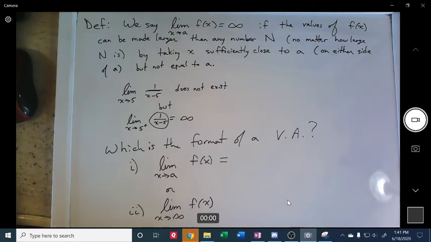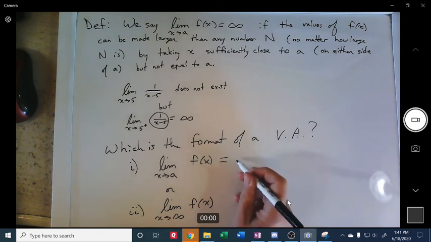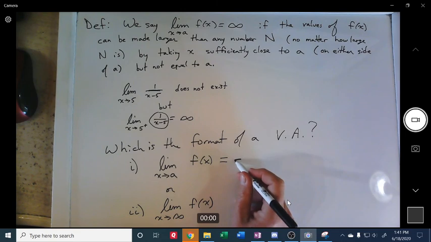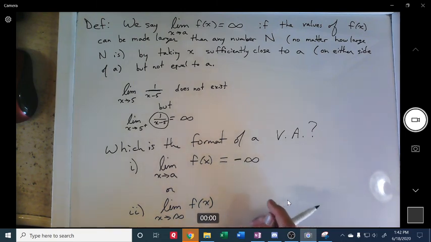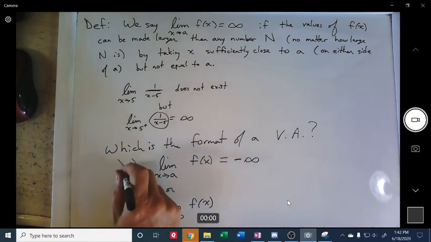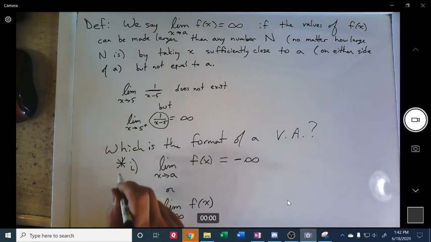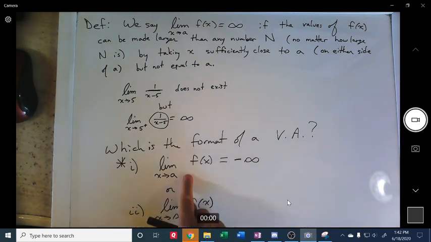Wait, sorry. Let me help you out here. This is kind of a theoretical question, so I can see why you're struggling. It could be either positive or negative infinity, and it'll show up over here. This is the correct answer. You were right, it's the first one.